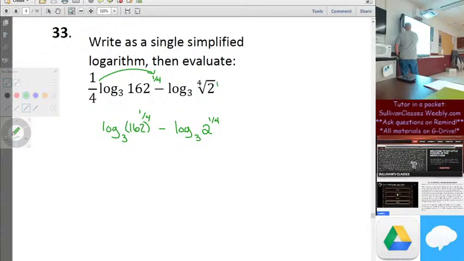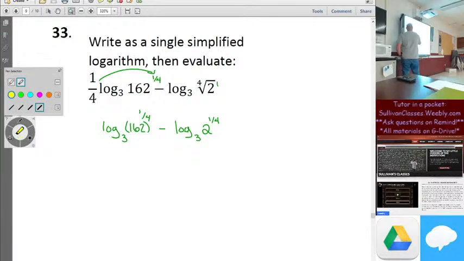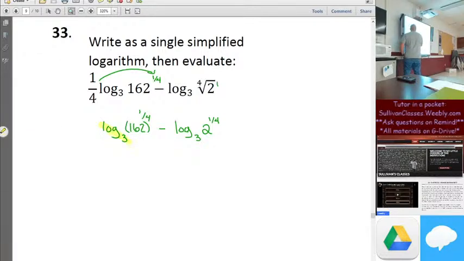What do I do with a log base 3 of a thing minus log base 3 of a thing? Subtract them.